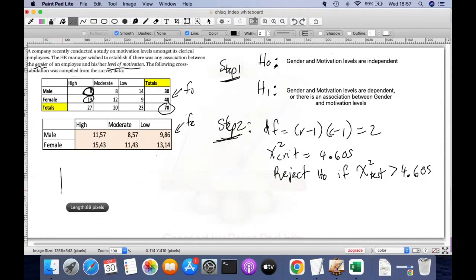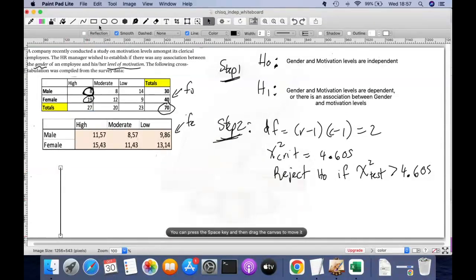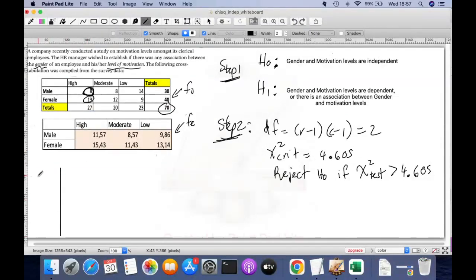I'm going to draw a table like this. I'm going to write males here, and males can take on these levels of motivation. I'll write H for high, M for moderate.